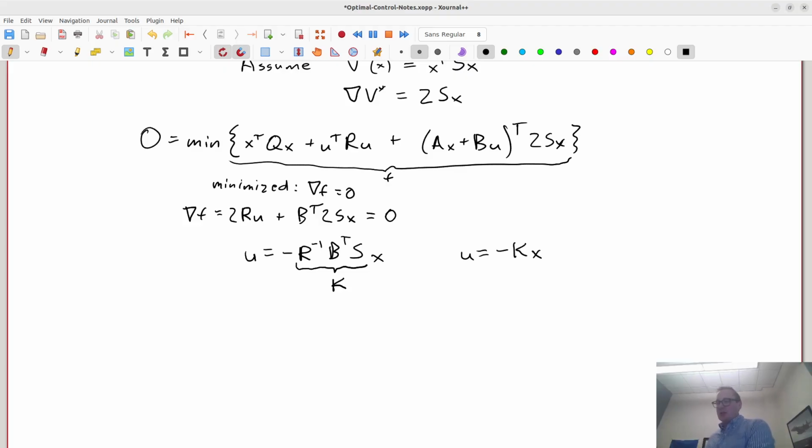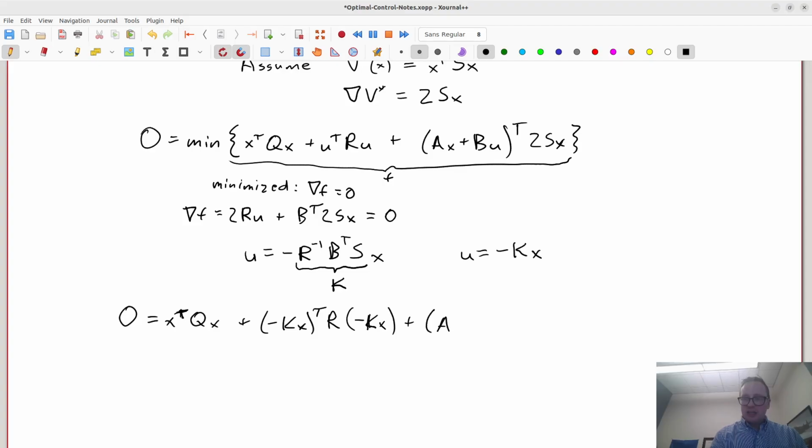So if we substitute this control law back into the Hamilton-Jacobi-Bellman equation above, we have 0 equals x transpose Q x plus negative Kx transpose R times negative Kx, plus Ax plus B times, not u, we've substituted back in negative Kx.